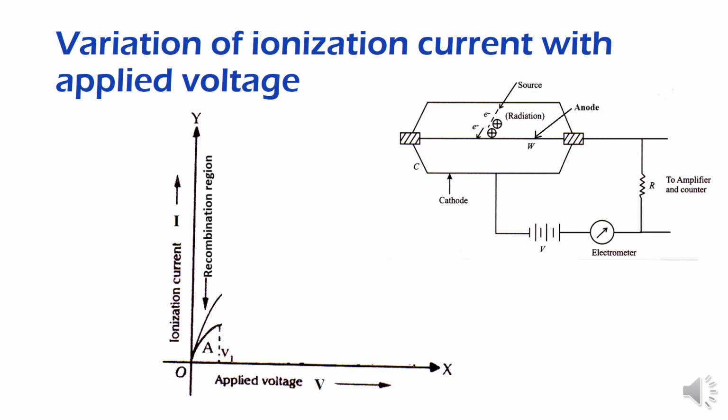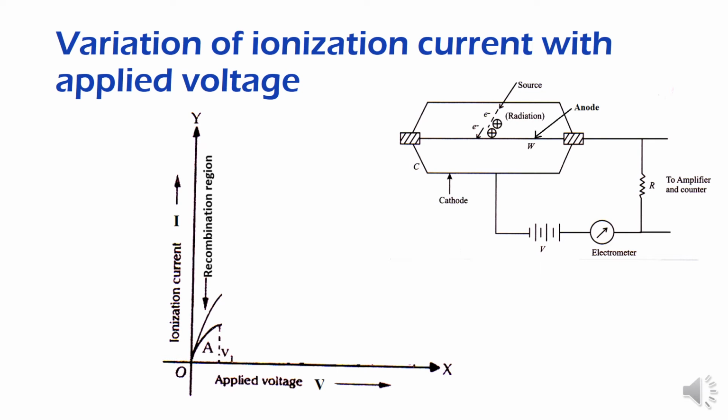This particular voltage region is called the recombination region, and it is not useful in order to identify the particle. Next, now you know the voltage at which the recombination stops.